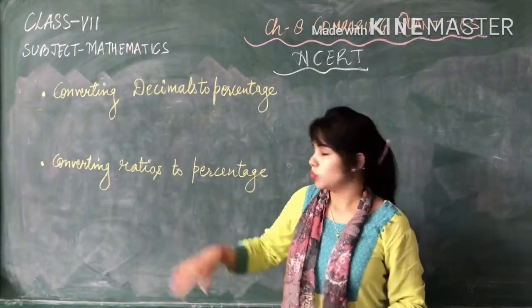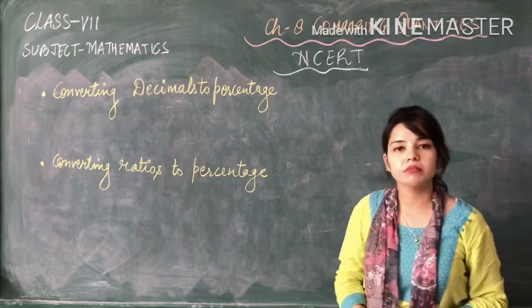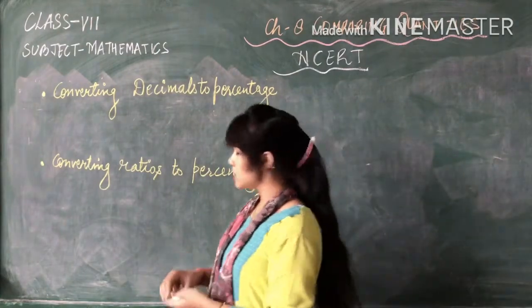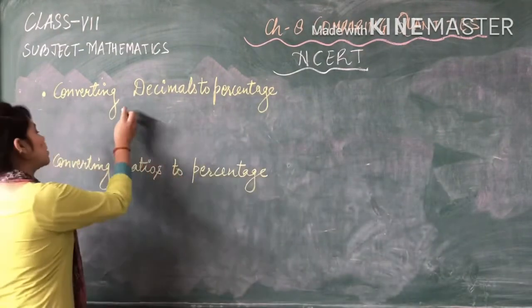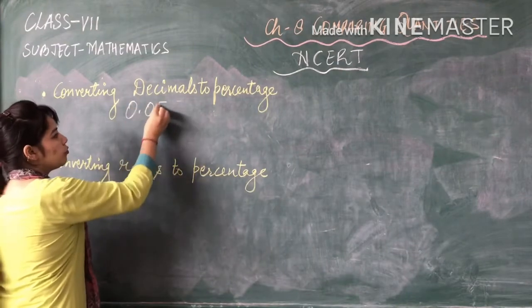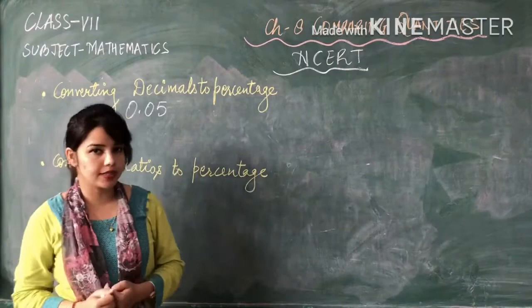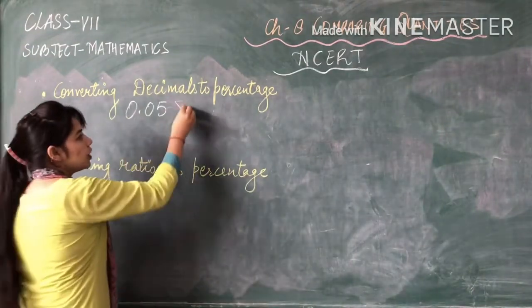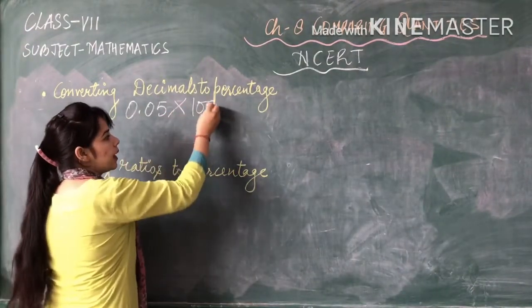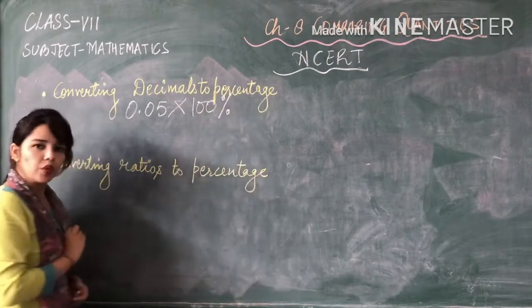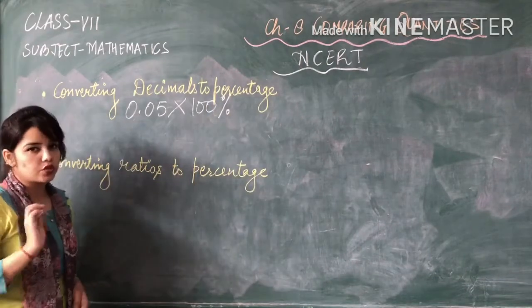Now we'll talk about how we can convert decimals to percentage. Now suppose there is a decimal number 0.05. Now this decimal number needs to be converted into percentage. So to convert this into percentage, we will multiply it by 100%. Okay? Now you have two ways to do it.